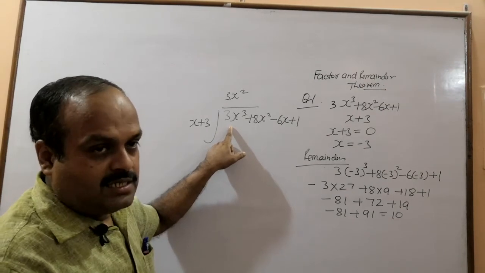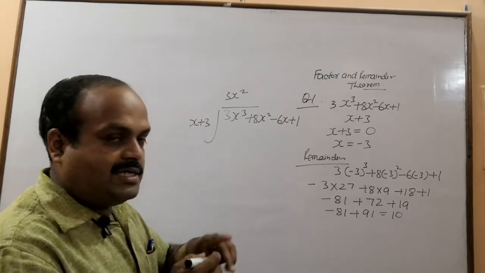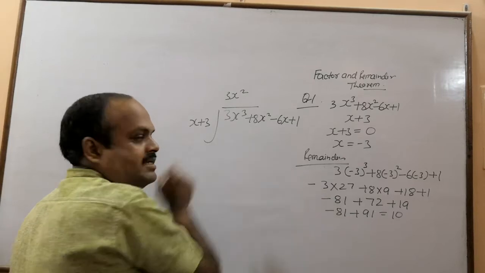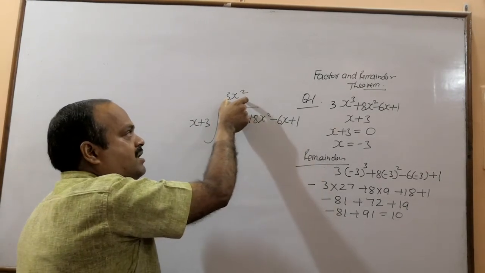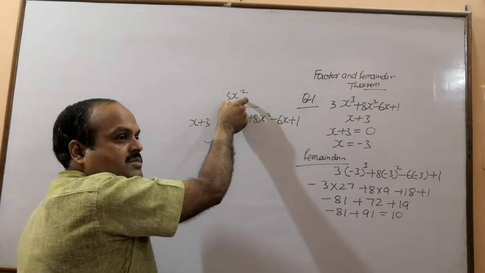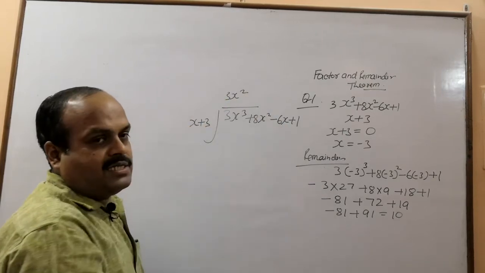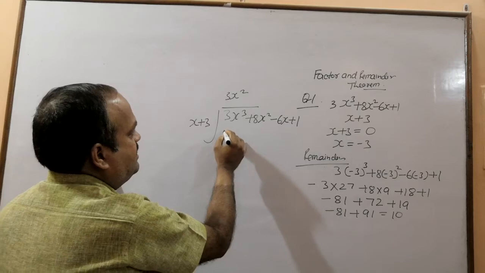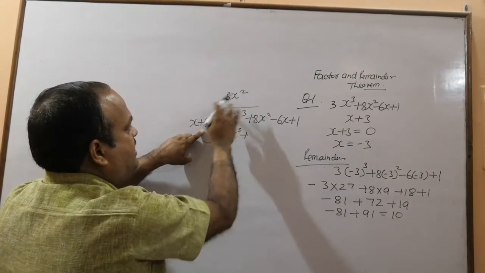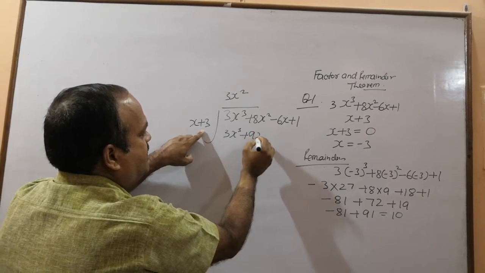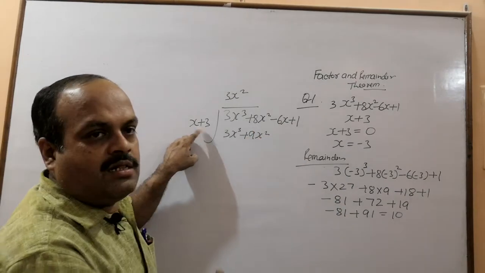So let us now do the multiplication and write here. We have x plus 3. When 3x square is multiplied by x plus 3, we get 3x cube plus 9x square.